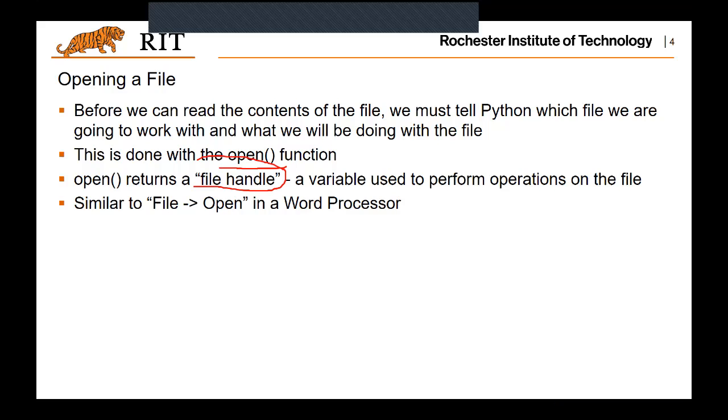You can think of this file handle as a variable which is used to perform operations on the file. Once you have the handle, you can proceed with it. It's an interface between the actual stored file and Python, right?